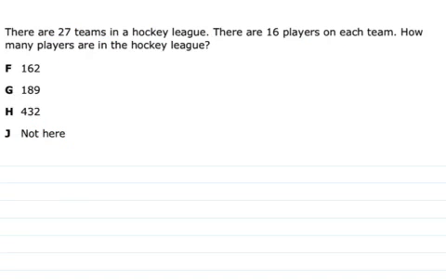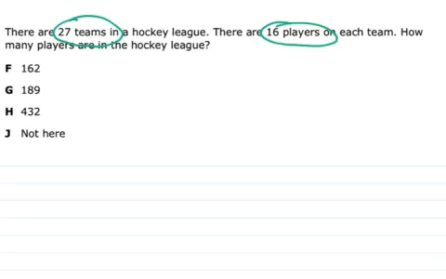I want you to read this next problem with me. There are 27 teams in a hockey league. There are 16 players on each team. How many players are in the hockey league? Once again, I expect you to annotate 27 teams, 16 players on each team.